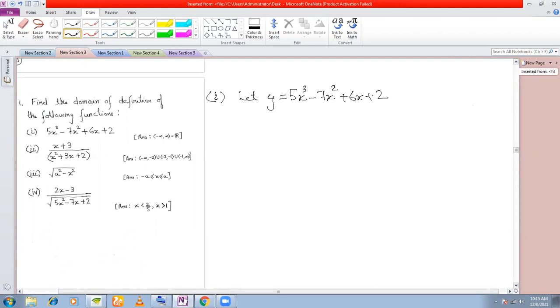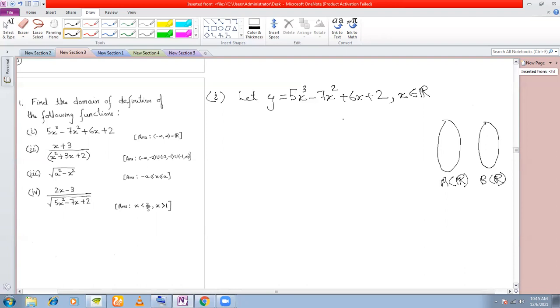Now if nothing is given here, x belongs to what? You will take it as a set of real numbers. x belongs to R. That means your set A here is a set of real numbers. And since nothing is given for B also, you will take this as a set of real numbers. So this B is also your set of real numbers.